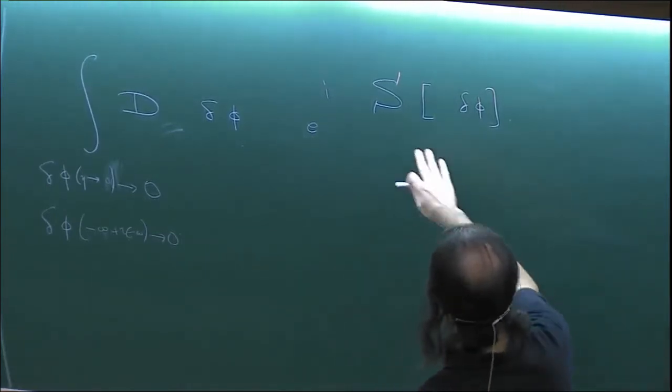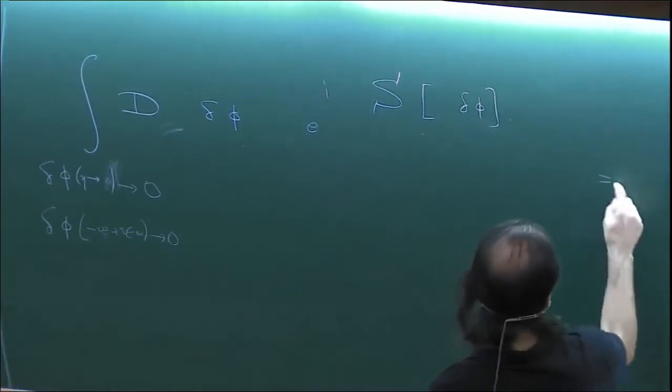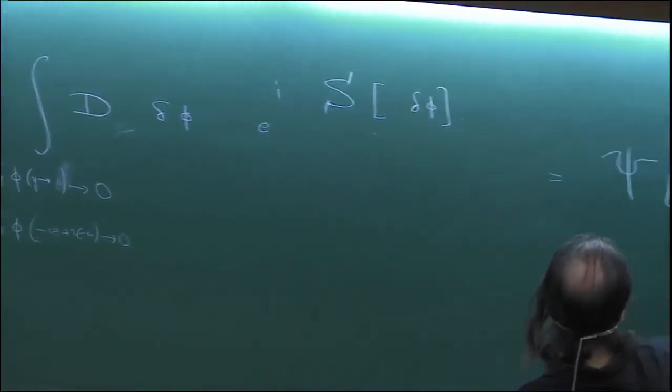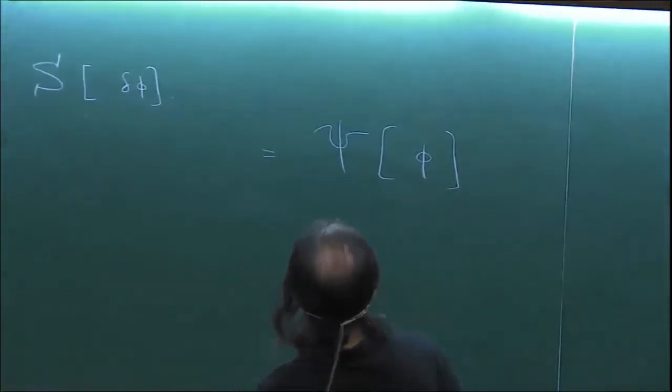Now notice that the first piece of this, the S classical free of phi, was already giving us psi of the boundary phi.